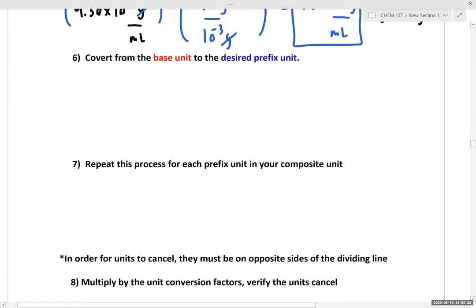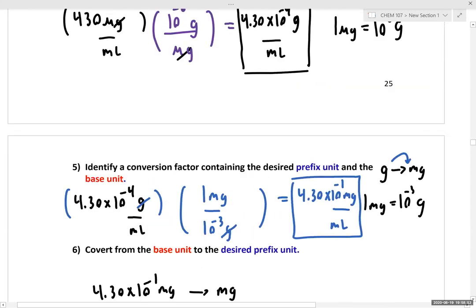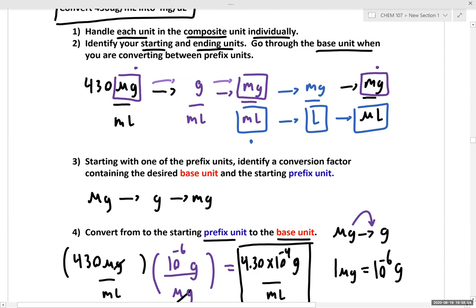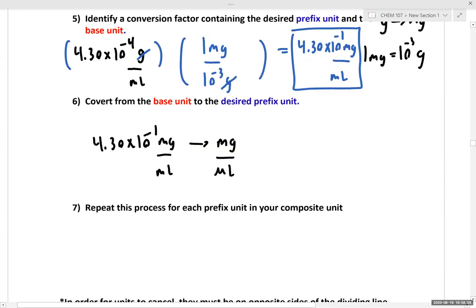So now that we're left with 4.30 times 10 to the negative 1st milligrams per milliliter, let's look all the way at the start of our problem. Our end goal is milligrams per microliter.